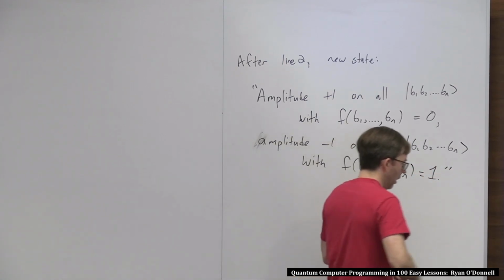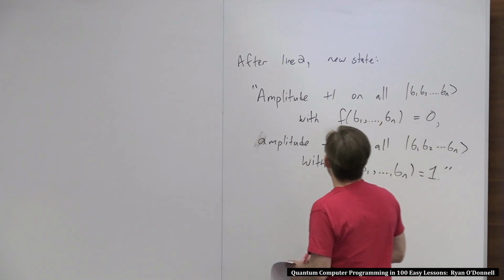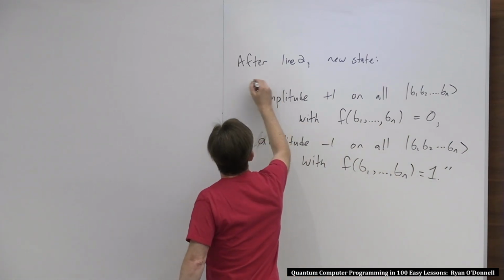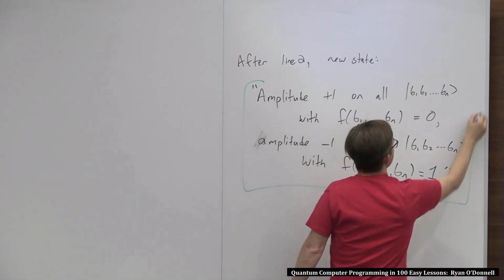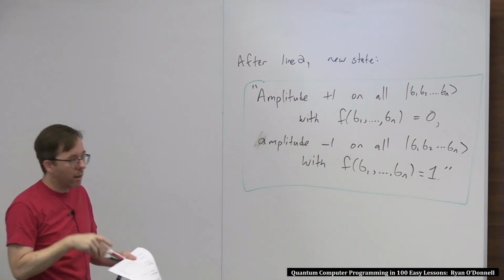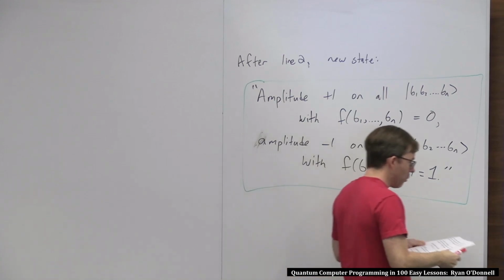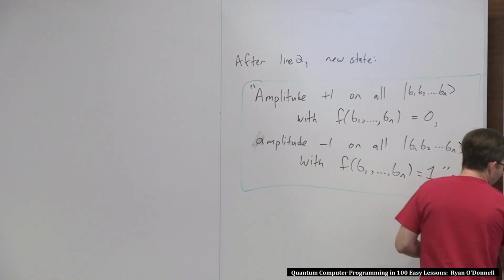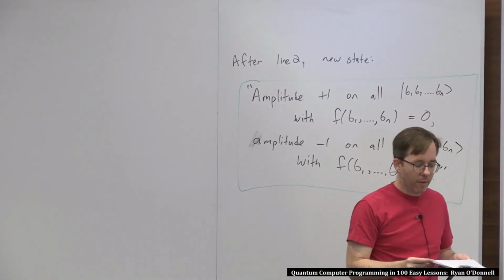Okay, so this is a pretty complicated state insofar as it has a non-zero amplitude on every possible basic state, and all these amplitudes are plus or minus 1, and the pattern of plus and minus 1s really comes from the truth table of f.